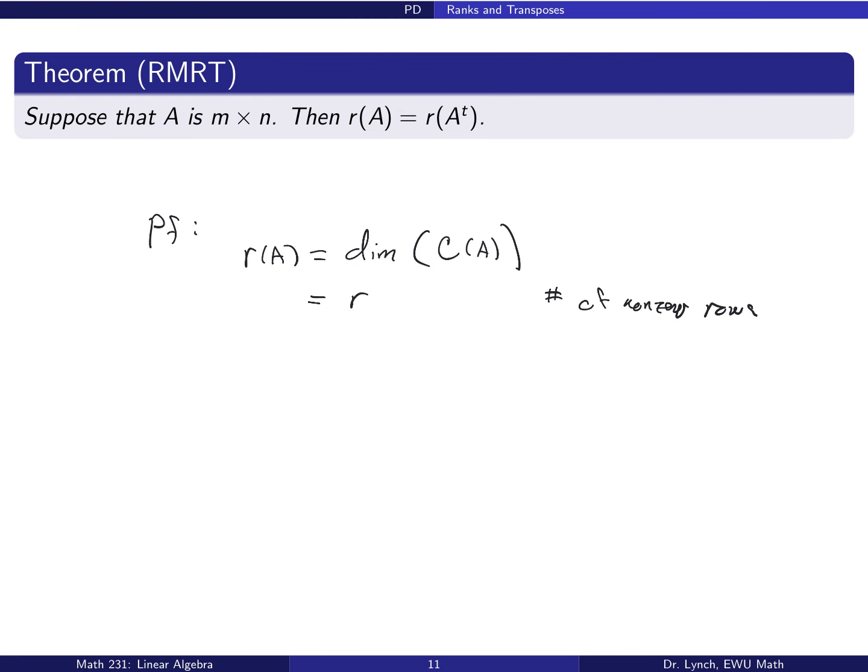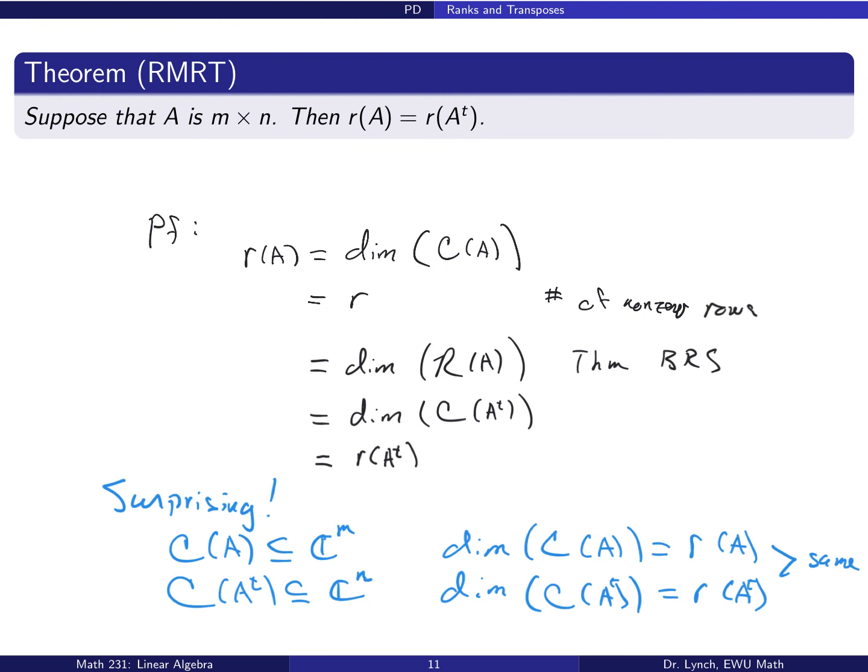Now we know the rank of A is the dimension of the column space of A, and we know that it's that number R, which is the number of non-zero rows in its reduced row echelon form. Now, however, by theorem BRS, we know that this is also equal to the dimension of the row space of A. Of course, the dimension of the row space of A is exactly equal to the dimension of the column space of A transpose, which is the rank of the transpose.